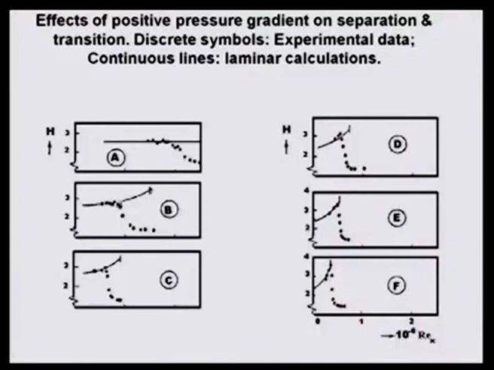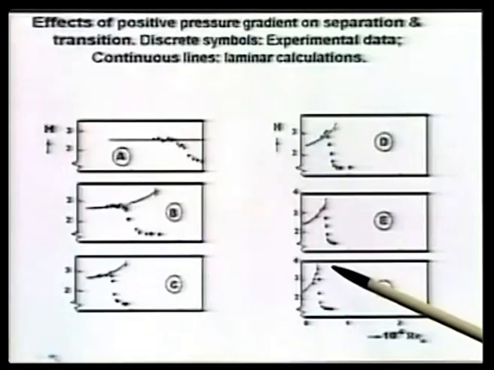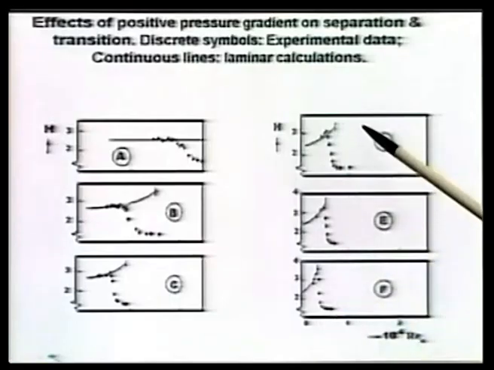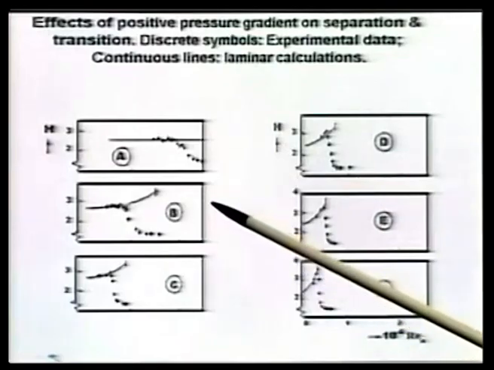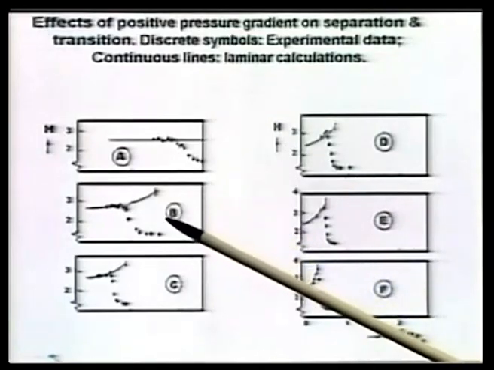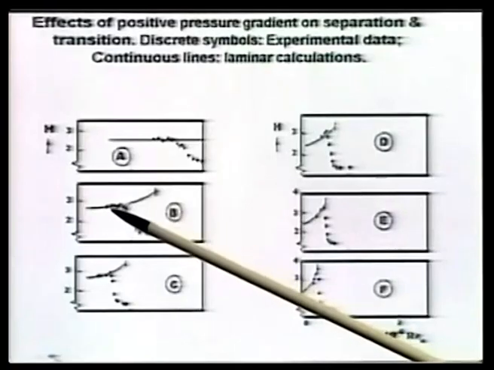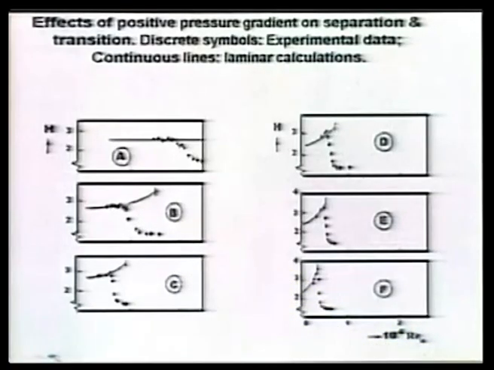Okay. Now, you also notice one interesting thing: this fall of H is rather instantaneous here with a larger adverse pressure gradient, whereas for a milder adverse pressure gradient, the transition is rather gradual.